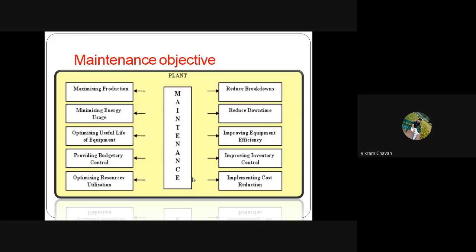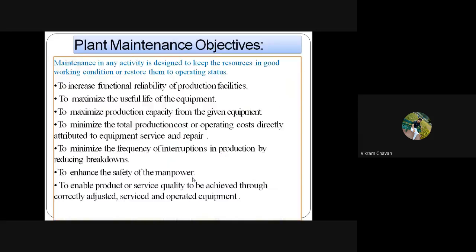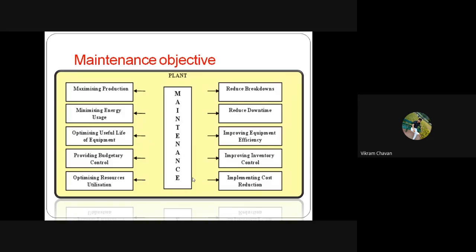Then we have discussed the objectives of maintenance. What are the objectives of the maintenance department or maintenance management? They can achieve these objectives by following methodologies, strategies, and regular checking of the instruments.